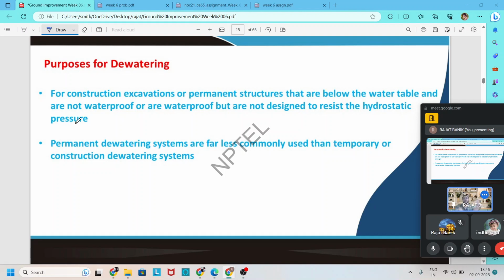The permanent way we apply in fewer areas, only for high-value construction. But the temporary dewatering technique is applied in most cases to deal with the water or to remove the water.